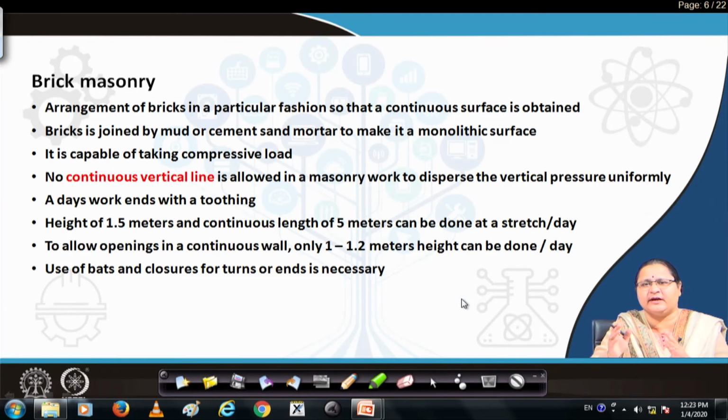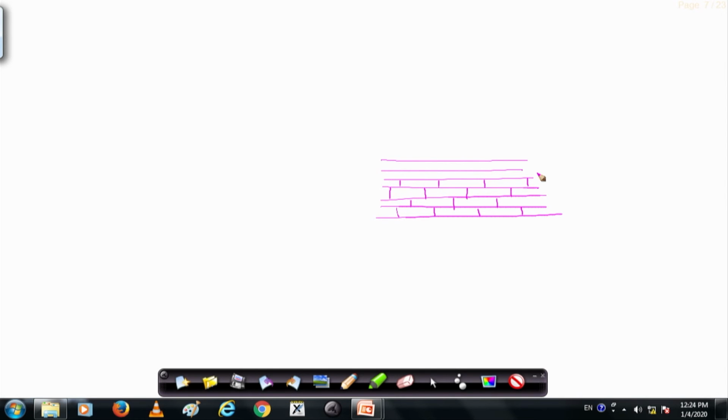So, when a day's work ends, you may not complete in one day your entire structure. You have to have a toothing. So, if this is your wall, you will never see a continuous vertical line, rather you will see it is disconnected, and when a mason finishes his work, he ends it like this.